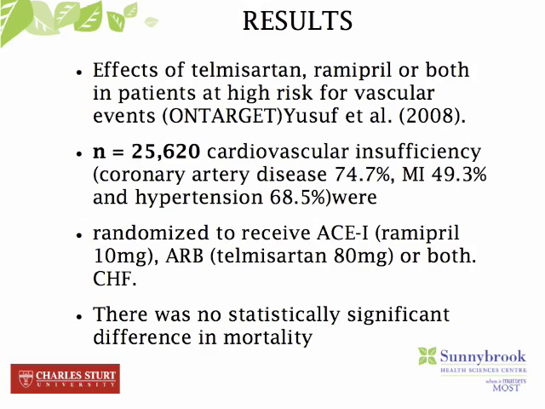Finally, we come to the ON-TARGET study published recently in 2008. This cohort of nearly 26,000 patients presented with cardiovascular insufficiency, the most common causes shown here. These patients were randomized to receive either ACE inhibitor or ARB monotherapy, or a combination of both. There was no statistically significant difference in mortality.